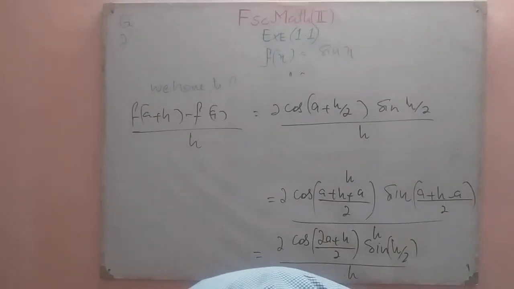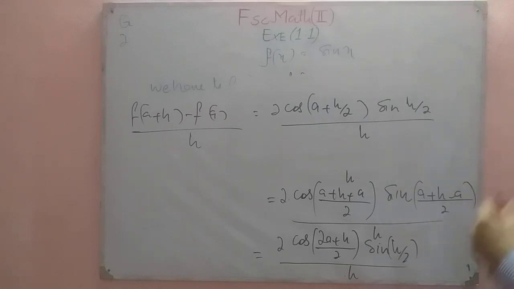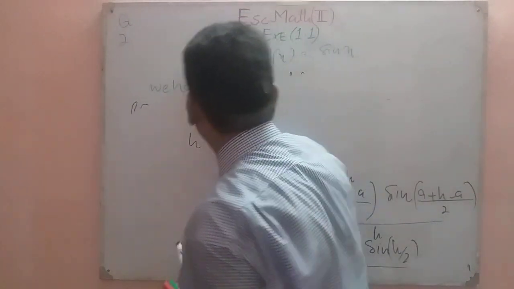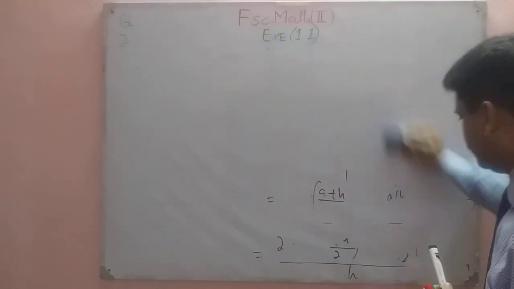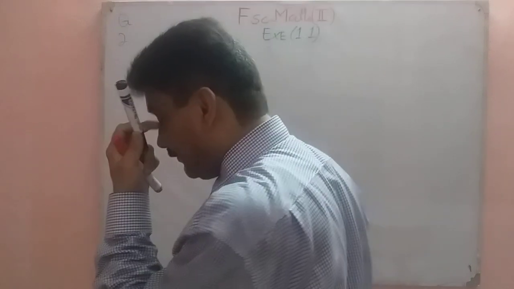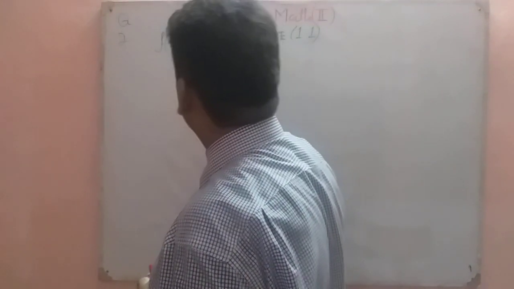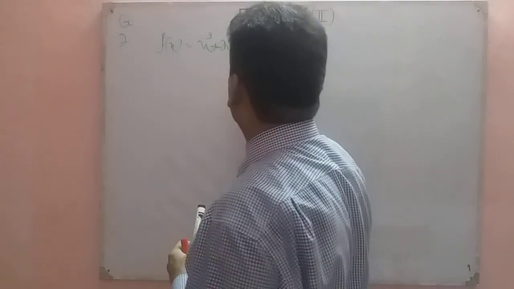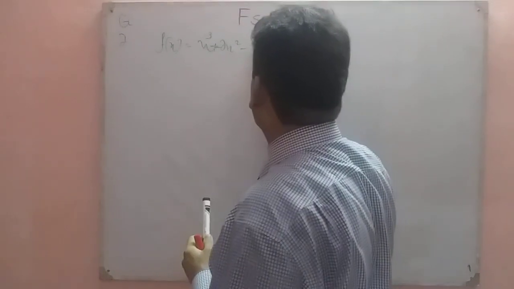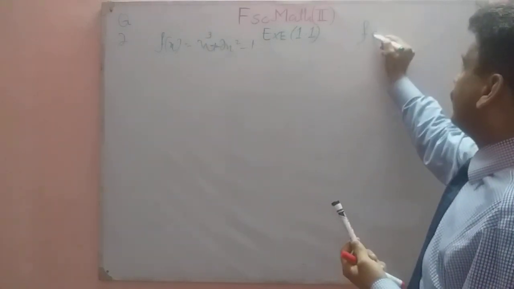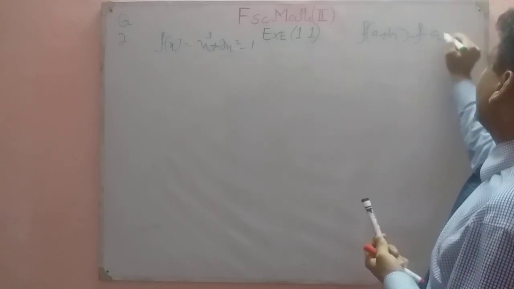Now in the third part, the function is f(x) = x cube plus 2x square minus 1, and we have to find the value of the same expression, (f(a+h) - f(a))/h.